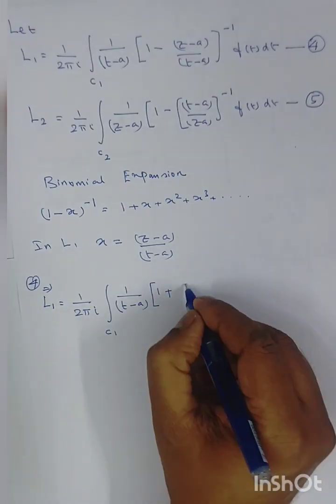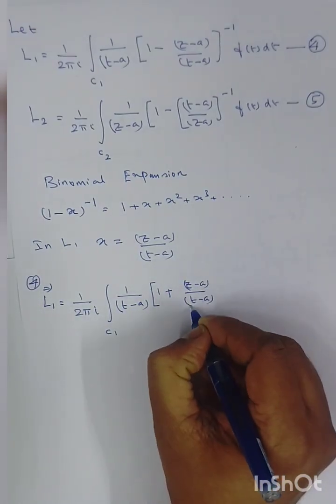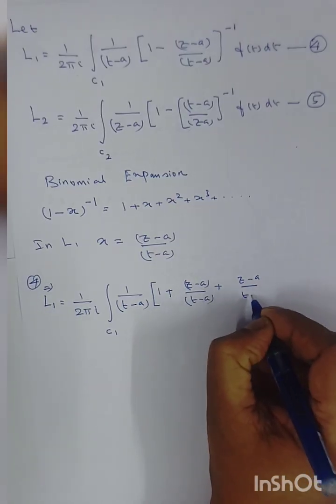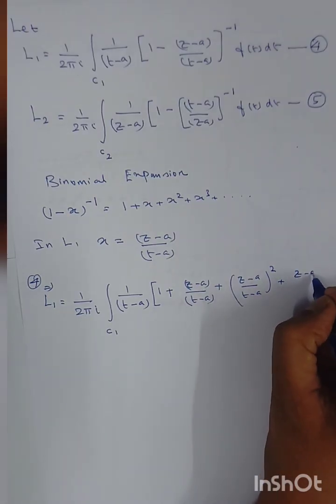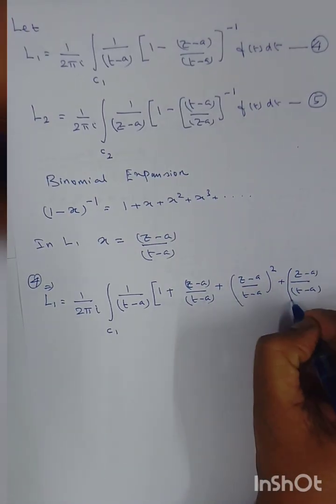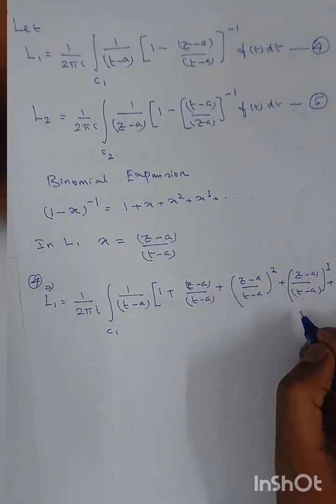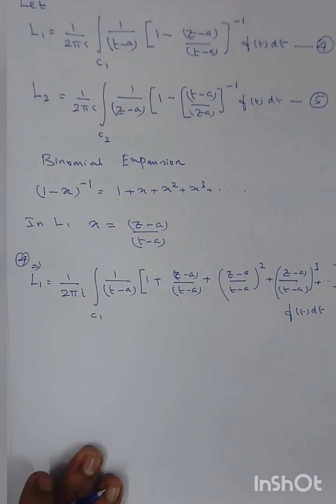X here is z minus a divided by t minus a. So 1 plus x plus x square, z minus a divided by t minus a the whole square, plus z minus a divided by t minus a the whole cube plus etc etc into f of t dt. Okay.